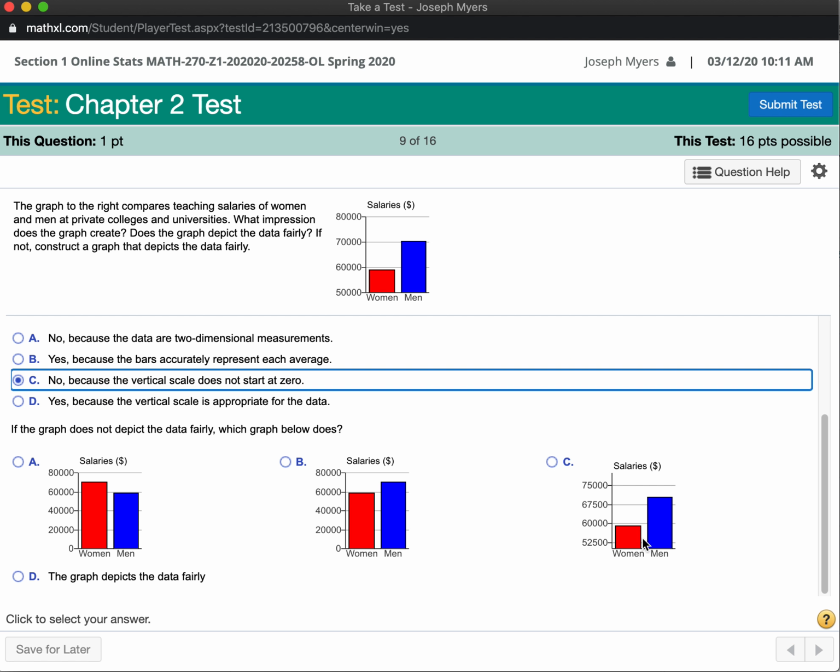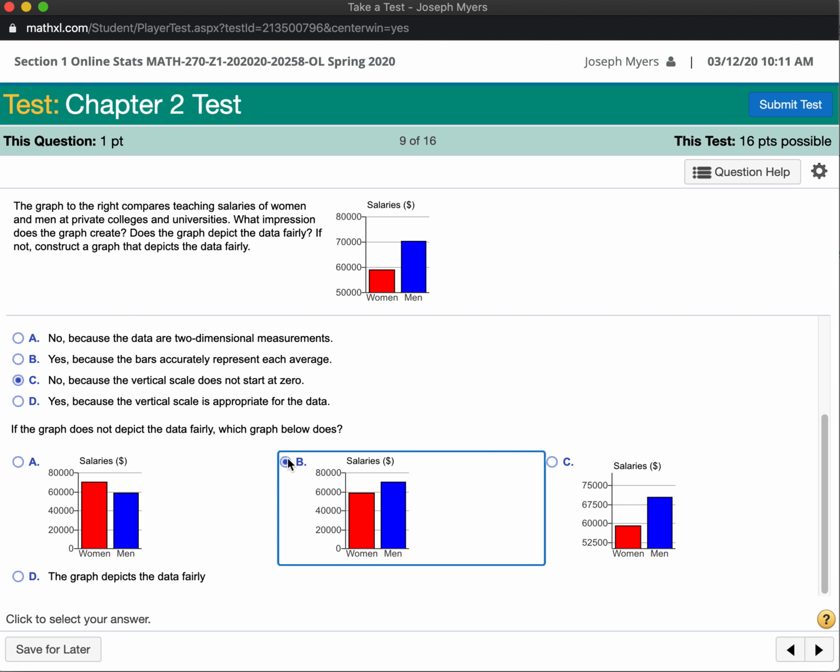Okay, that one doesn't start at 0 though. So the closest choice is, it looks like this one starts at exactly 60,000, and this one starts a little bit below, but this one is the wrong choice because it doesn't start at 0. Apparently I just can't see close enough; this one must actually start a tiny bit under 60,000. But the scale is a lot smaller since it starts at 0. So this one would be the one that shows the same exact information comparing women to men, but it starts at 0. And so there we go.